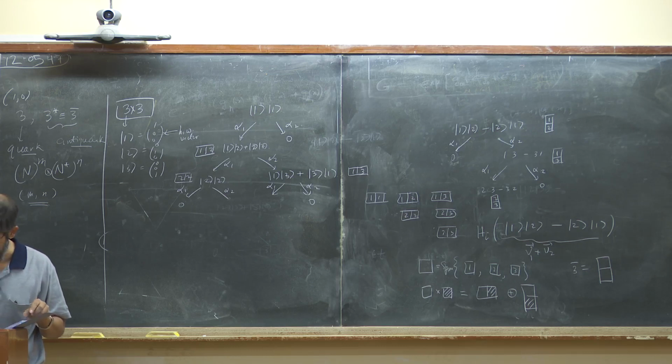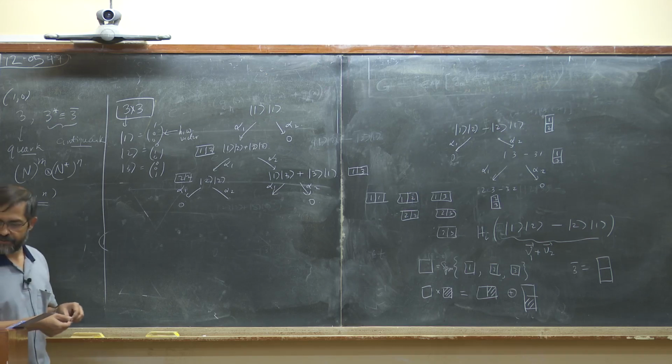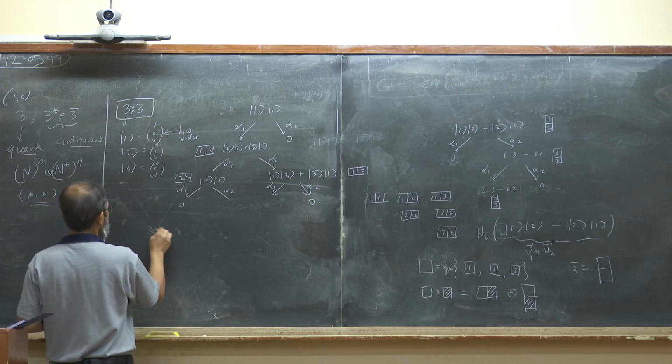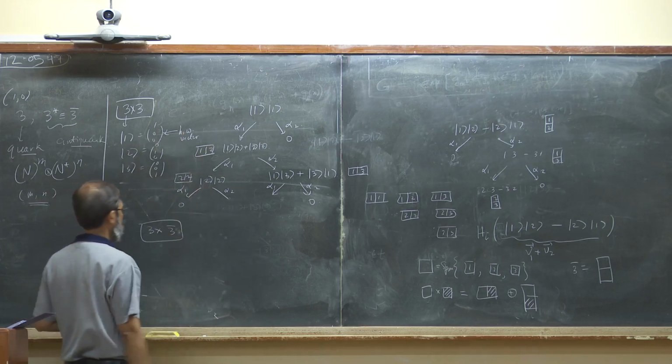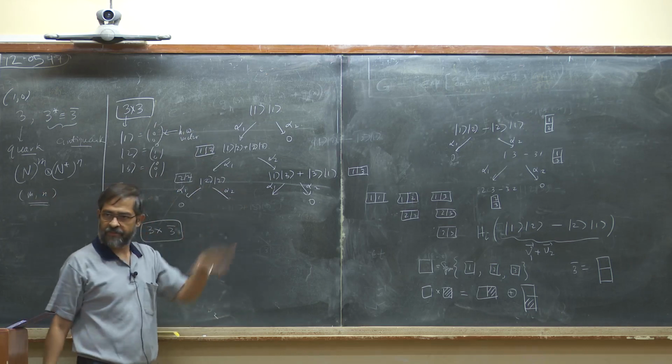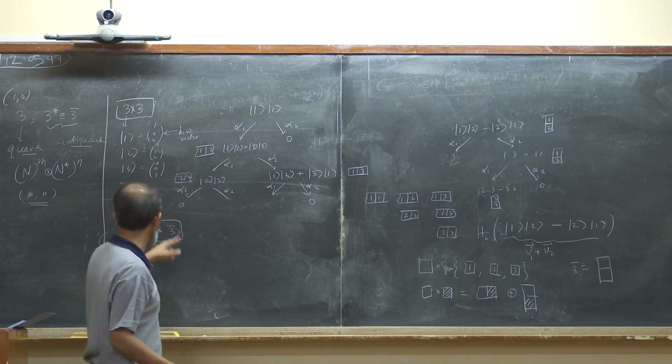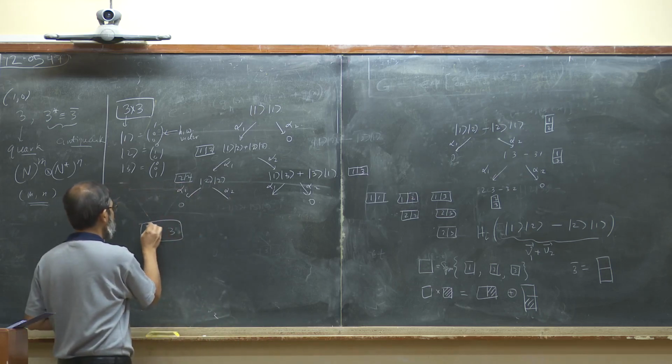So here's some exercise for you, which is to do this in this way, okay, in the ket method. Write it out 3 cross 3 bar. So this, or maybe 3 bar cross 3 is a simpler way.